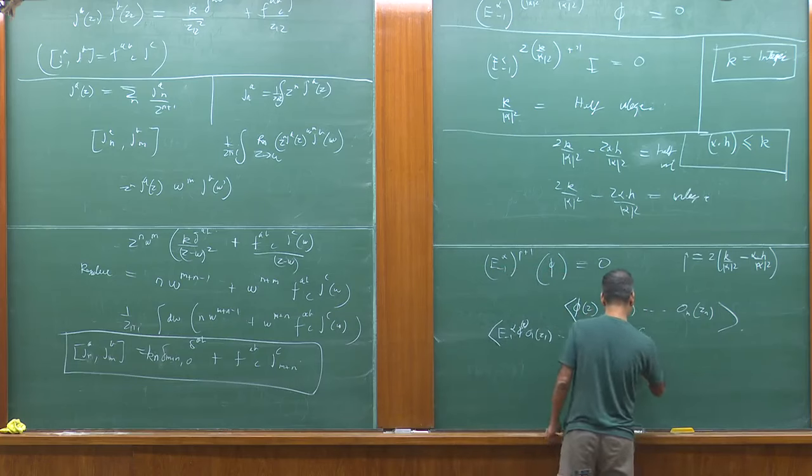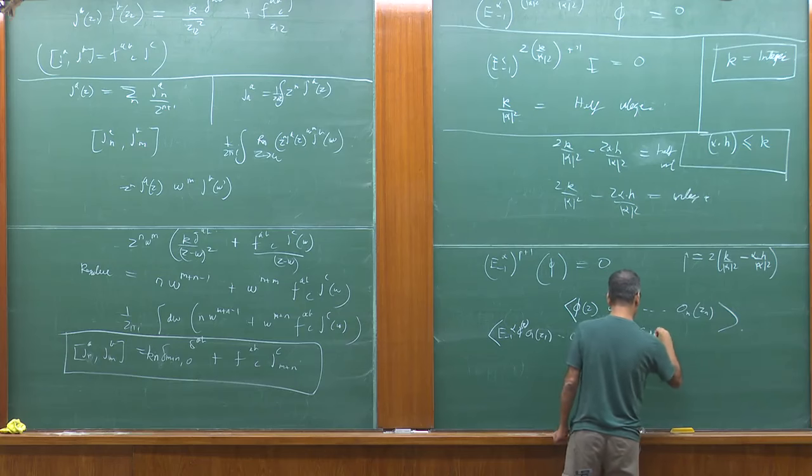the integral 1 by 2 pi i, dw by w minus z.